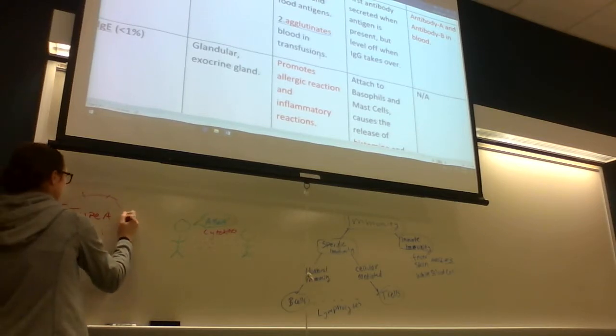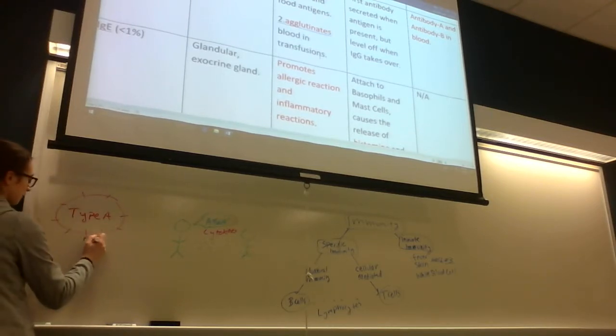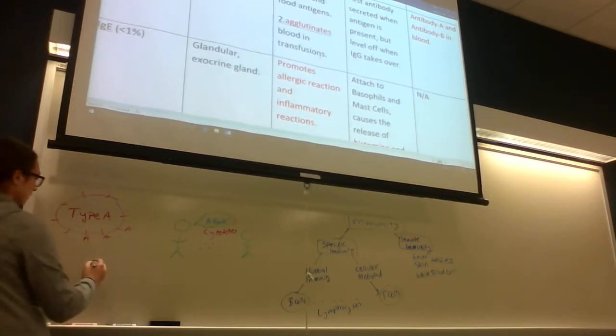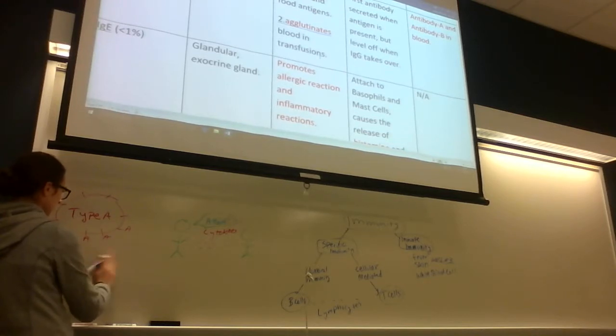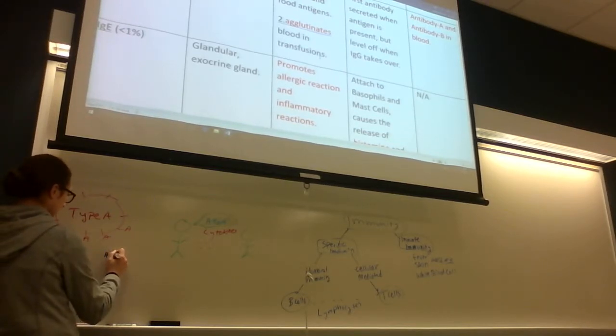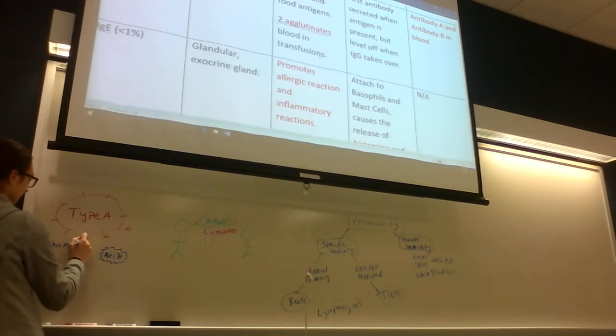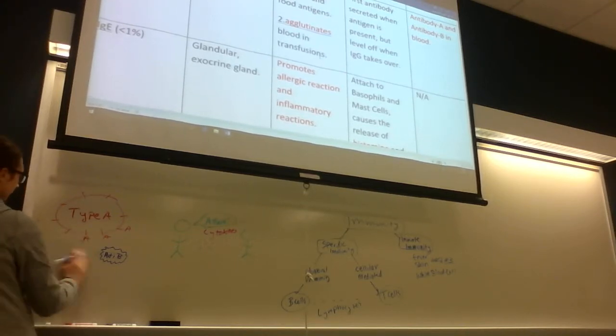and then your antibodies, so my antigens are type A, but my immune system is going to attack anything that is type B. So it's going to be anti-B. So this is good because if I had anti-A immunity, it would attack myself, and I don't want that. I want anti-B.